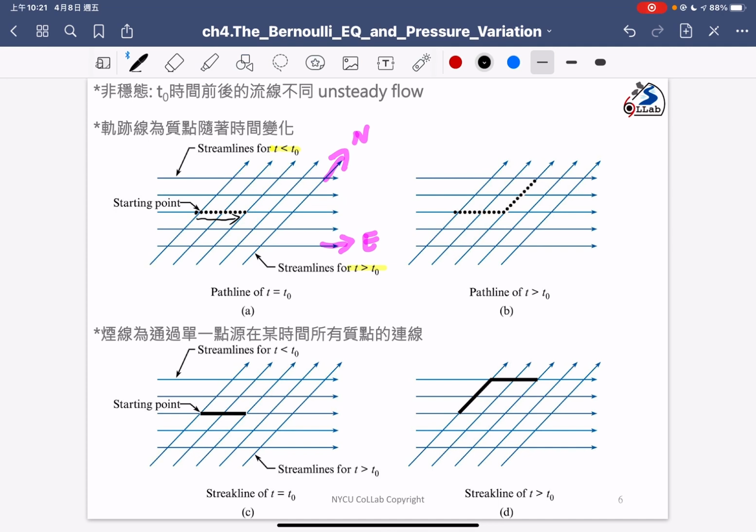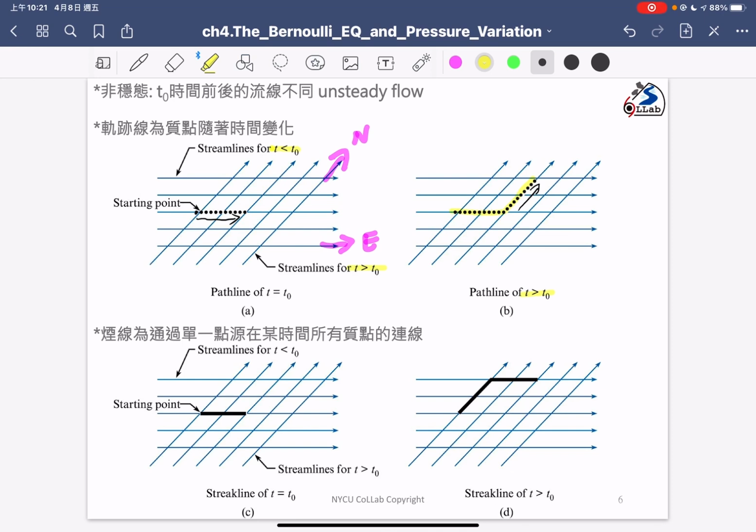And when t is larger than t0, the streamline is going to the north. So you see the black dot showing here will change direction and move to the north. If you connect all of the black points showing here, we say that is the path line.